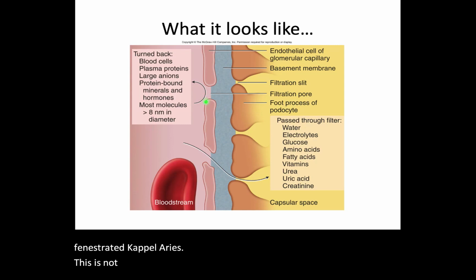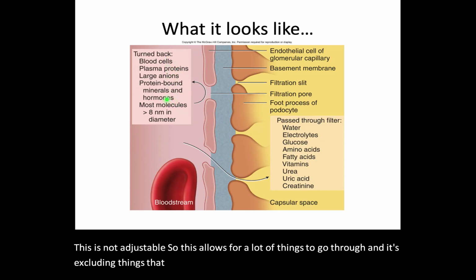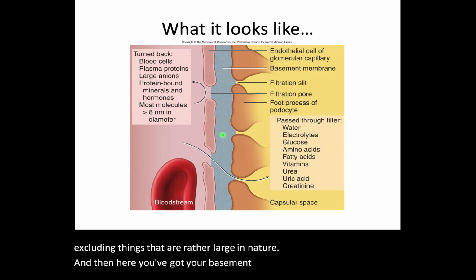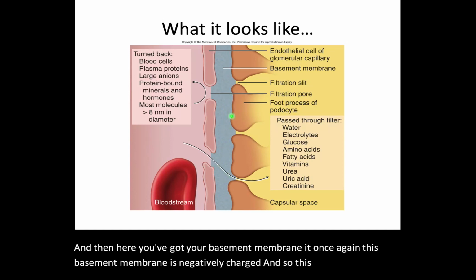So this allows for a lot of things to go through, and it's excluding things that are rather large in nature. And then here you've got your basement membrane. Once again, this basement membrane is negatively charged, and so this is also blocking based off of charge.